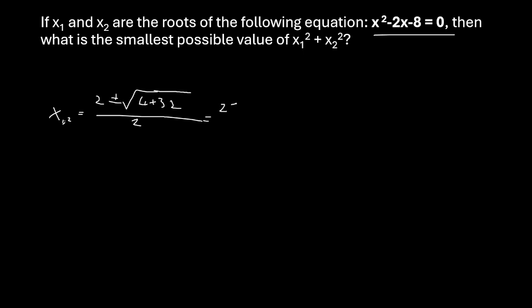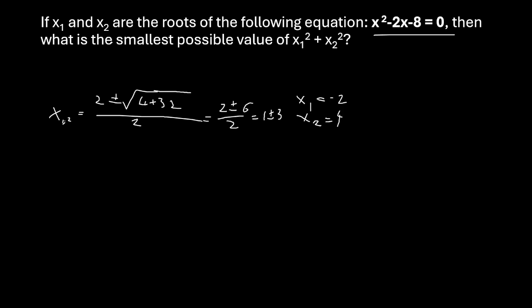That's 2 plus or minus the square root of 36, that's 6, over 2, which is 1 plus or minus 3. So let's say that x1 would be 1 minus 3, that's minus 2. x2 would be 1 plus 3, that's 4.